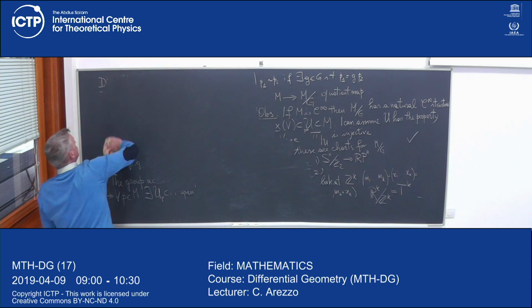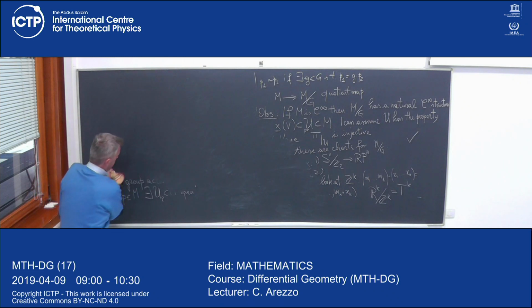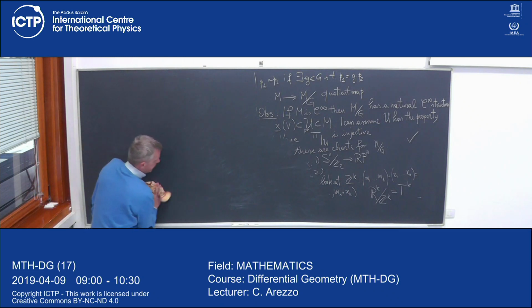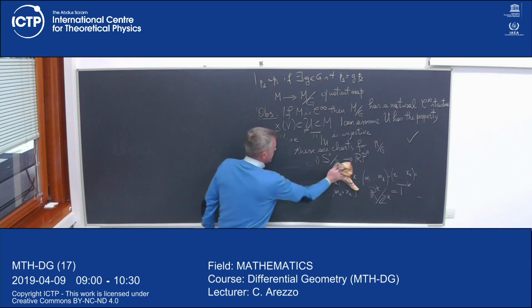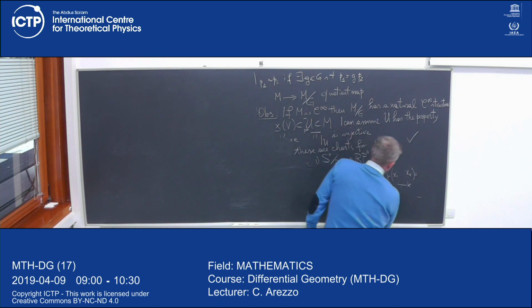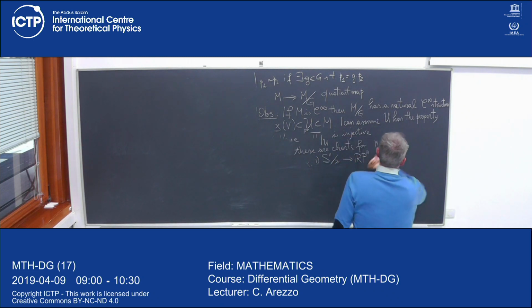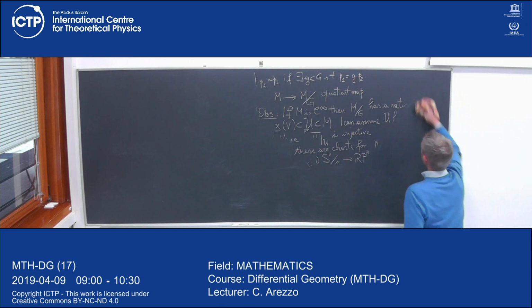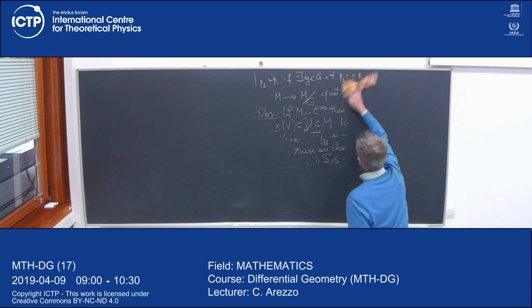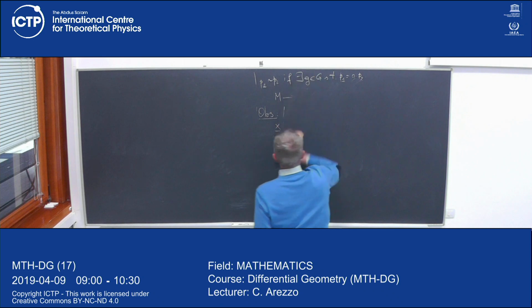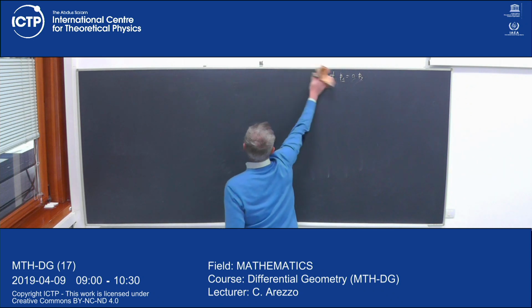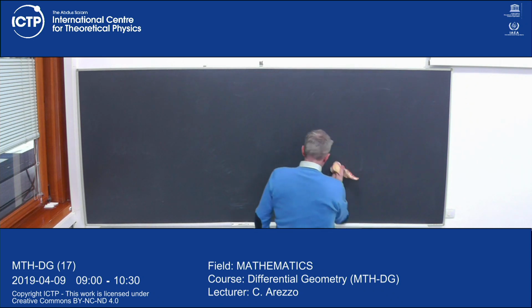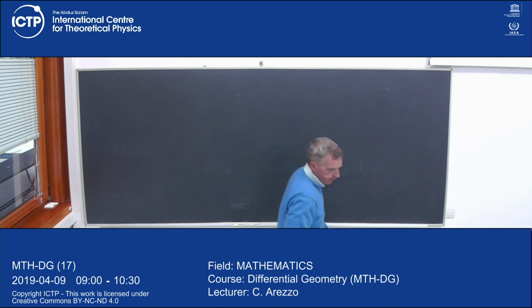So now we need to analyze a bit better the structure of the space of tangent vectors. Remember, it took us a little bit of effort to define tangent vectors. And now it's very important and technically convenient to define a new object.